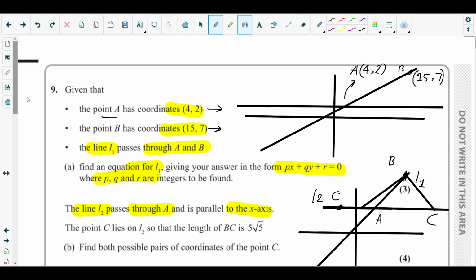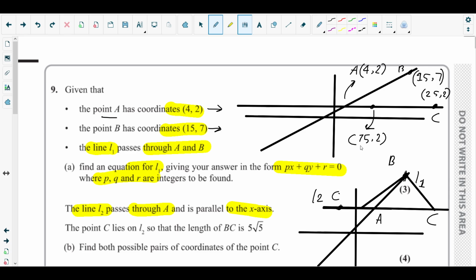So 25 means it will be further right of B. This is one, which is (25, 2), and the other one is (5, 2). 5 means it should be on the right side of A. So it would be here. This is C, (5, 2).